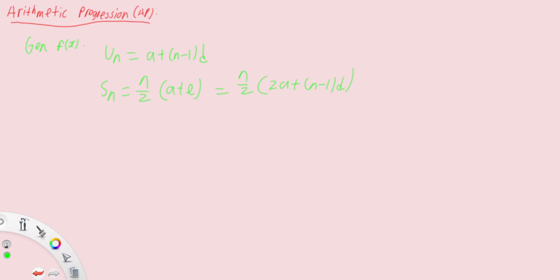All right, where a equals u1, the first term, d equals the common difference, and l equals the last term of the series. So there we have it, the general formulas for arithmetic progressions.